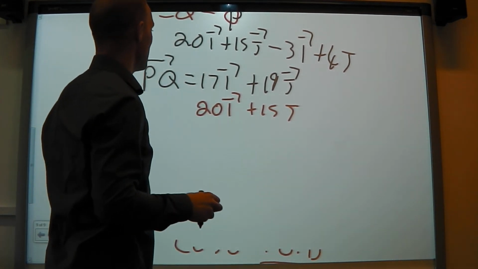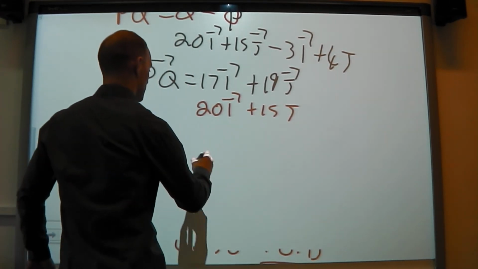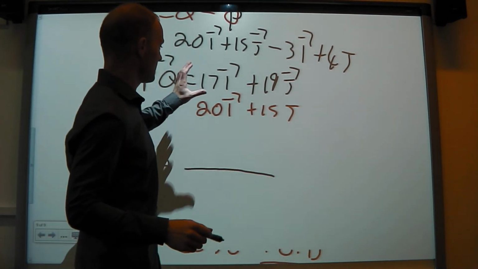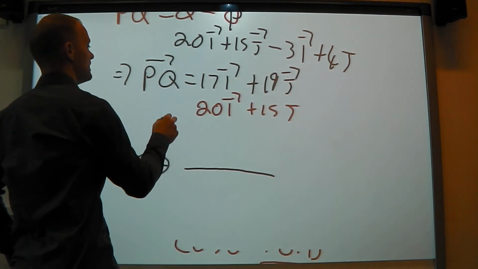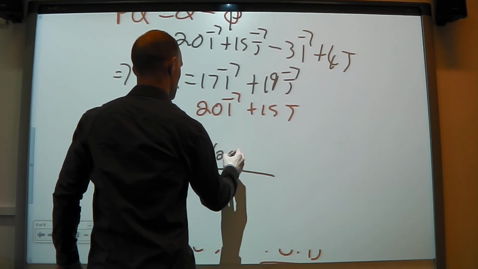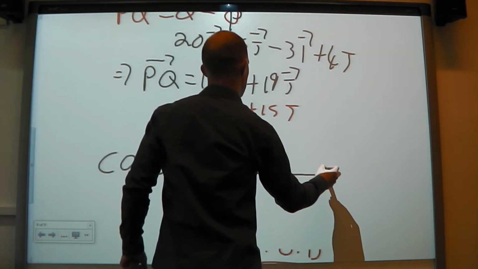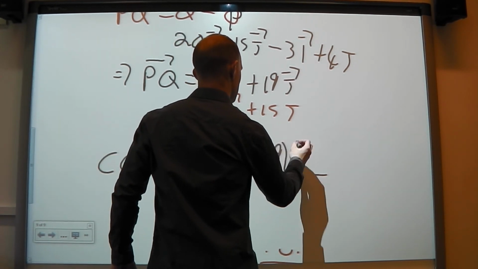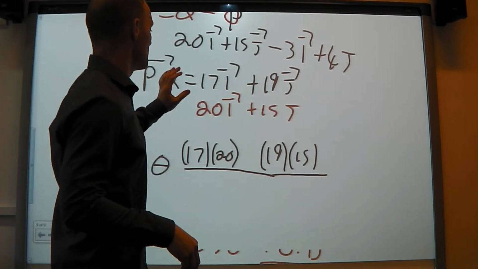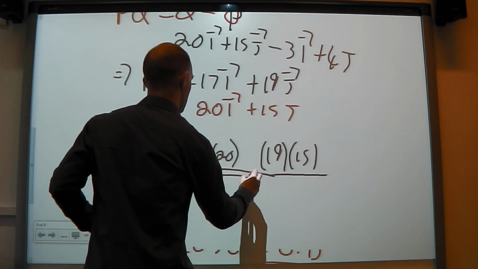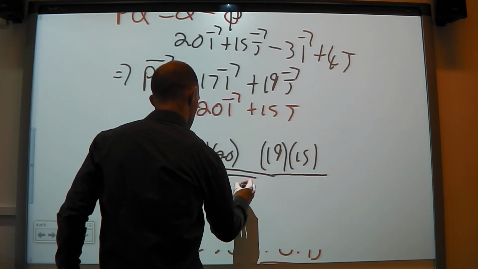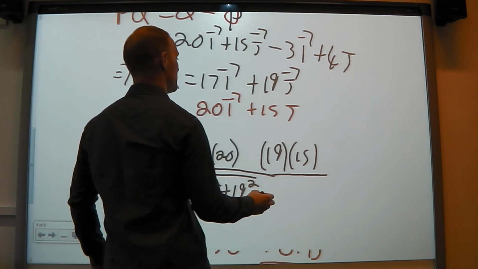Now we multiply these two vectors here to get our top term. So that implies cosine theta is equal to the multiplication of these two vectors, where you multiply the i terms and you multiply the j terms, which is 19 times 15, and it's all over the modulus of the vectors, which is the square root of 17 squared plus 19 squared times the square root of 20 squared plus 15 squared.